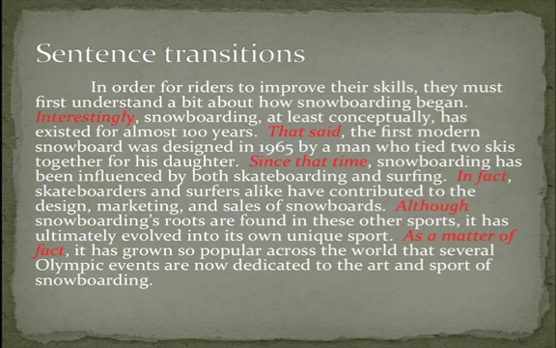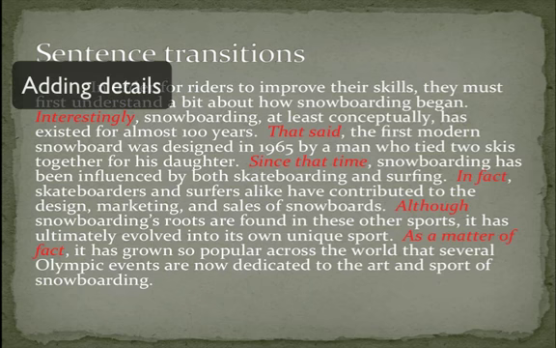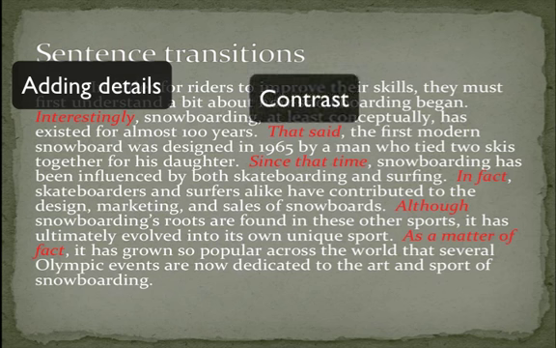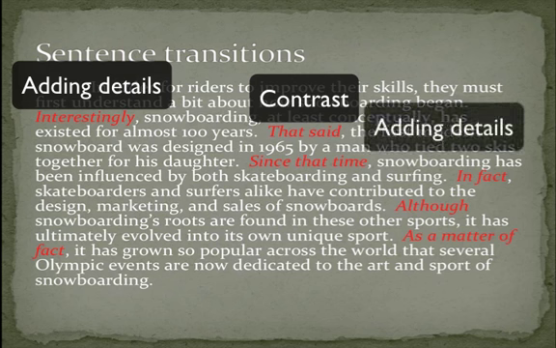In order for writers to improve their skills, they must first understand a bit about how snowboarding began. Interestingly, snowboarding, at least conceptually, has existed for almost 100 years. That said, the first modern snowboard was designed in 1965 by a man who tied two skis together for his daughter. Since that time, snowboarding has been influenced by both skateboarding and surfing.